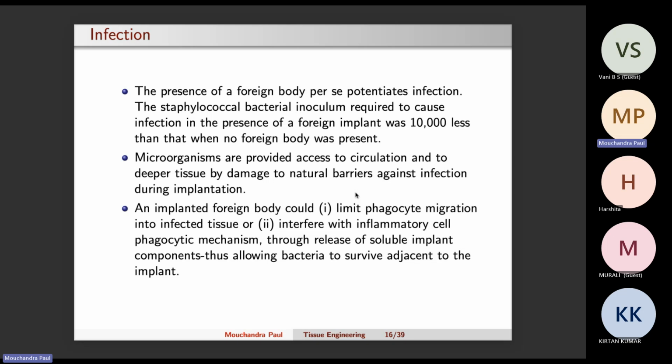Basically the implant is coming in between the interaction of the body's immune cells like macrophages and the bacteria, because of which the bacteria can survive very well by staying close to the implant. The infection persists and becomes antibiotic resistant.